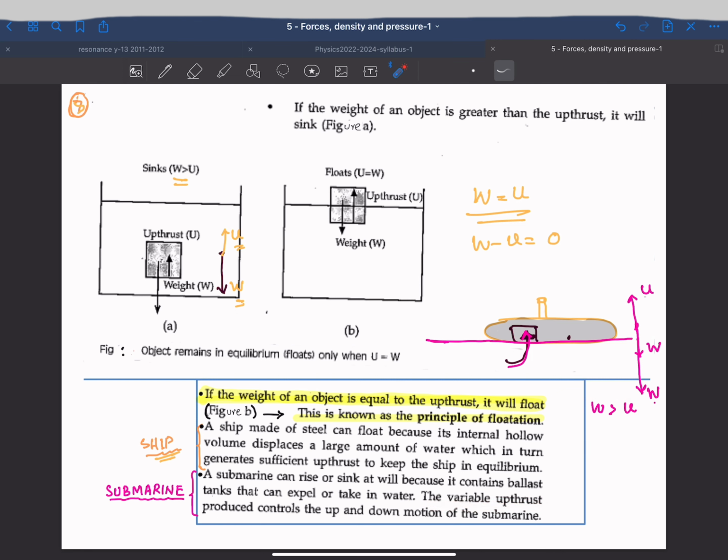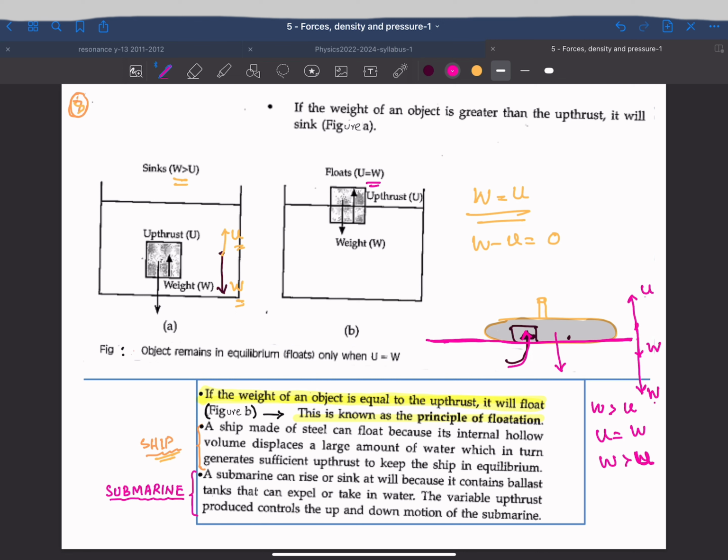So when the upthrust is equal to the weight, U is equal to W, your submarine is just floating over the surface of the sea. But as soon as the weight increases and you have weight greater than upthrust, of course the submarine will start sinking.